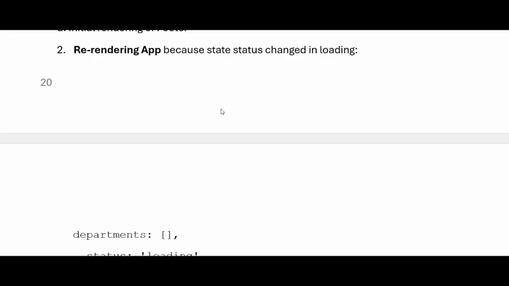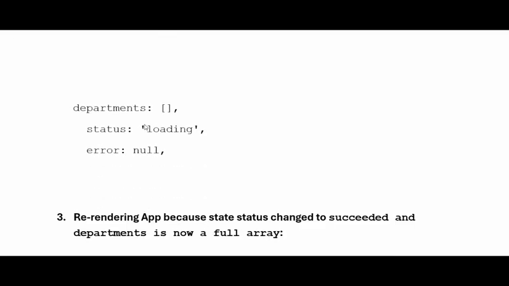You will see in the next video where it is that idle, loading and succeeded. It is connected with Redux. And here is loading: status changed to loading, departments empty, not changed, empty array, error null.